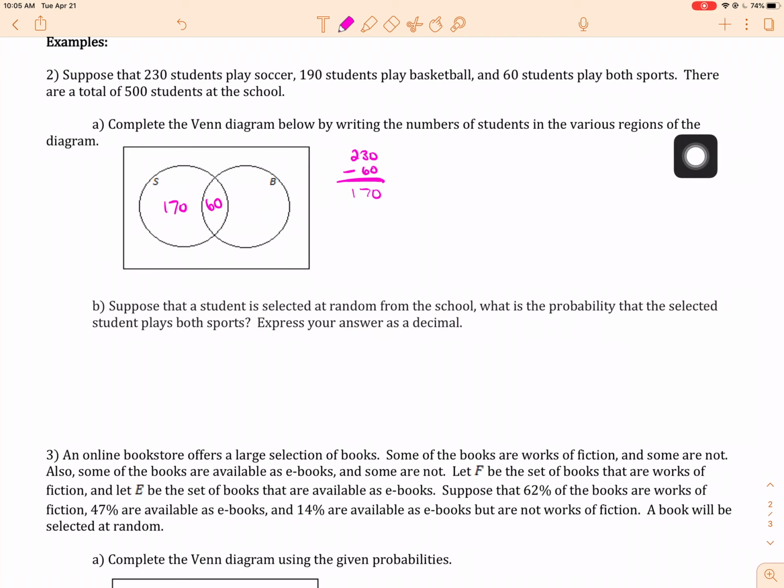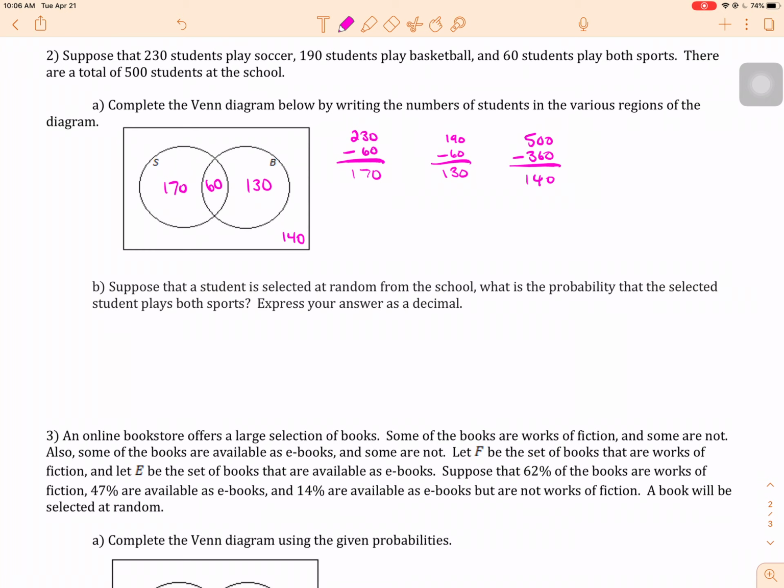Similarly for basketball, 190 play basketball, which means 130 play only basketball. Now, this may seem like we're done, but we're actually not, because 170 plus 130 is 300, plus 60 is 360. 500 minus 360 is 140, so we put a 140 outside the circles.